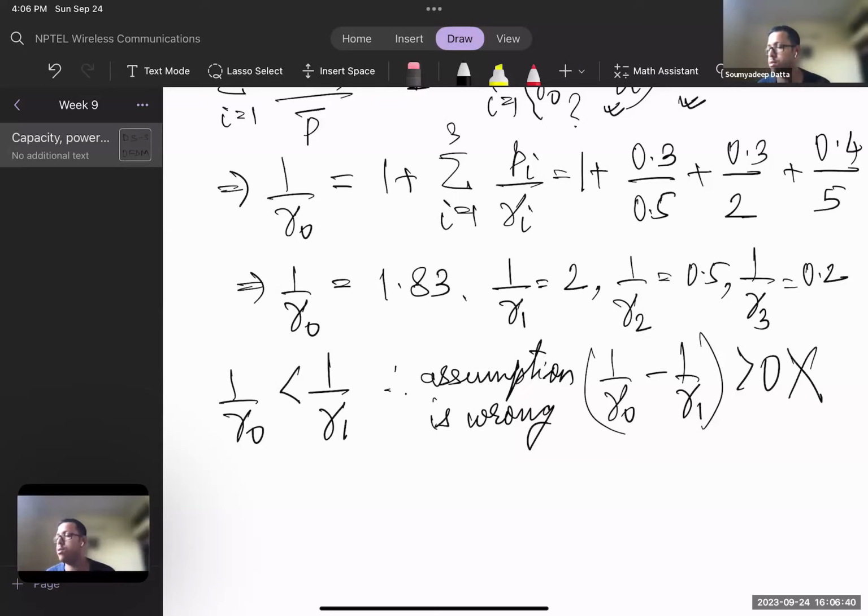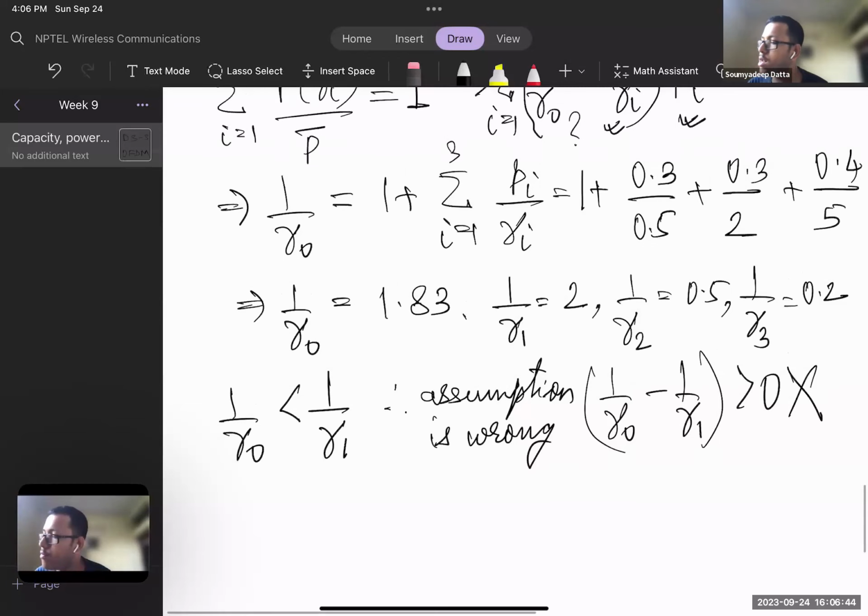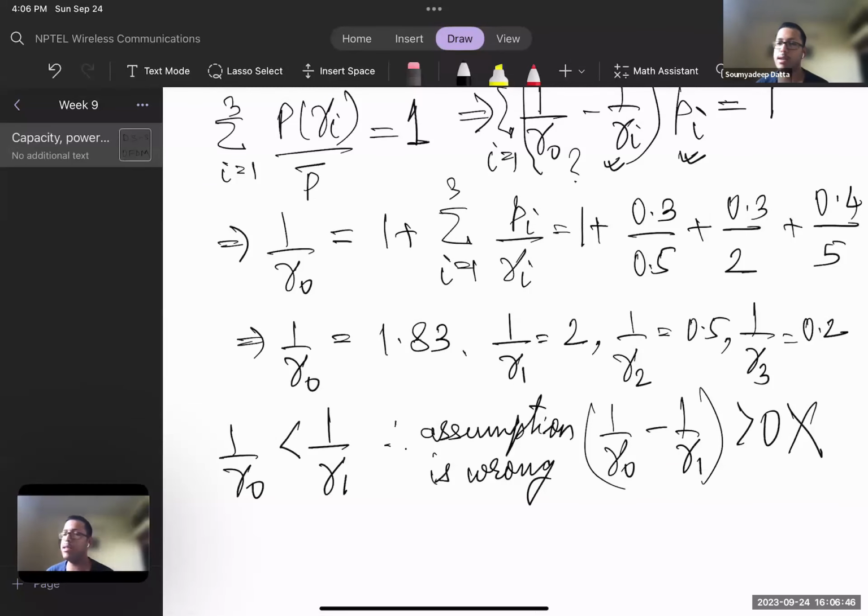So assumption is wrong. So if we look at this, we have three channel states. This is the strongest channel. This is second strongest, but this is the weakest. So the key thing which we first need to check is the weakest channel. So that is what I did first.